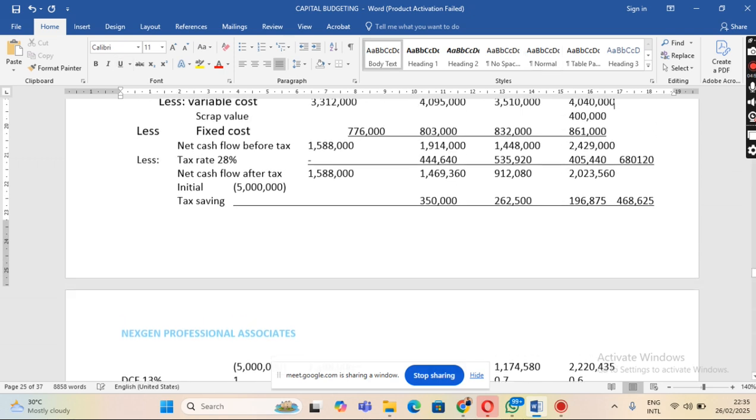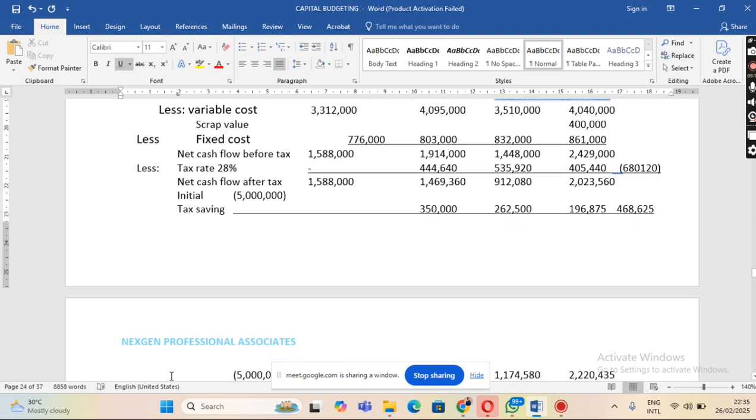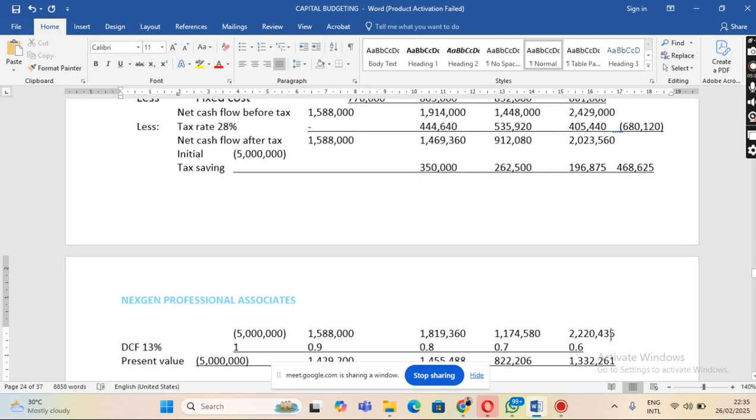So don't forget that your tax is in brackets. You can put it in; because I'm using Word, I don't want to be putting brackets, so that it will not waste much of our time, right? So this is minus, right? This is tax savings, right? Yes. So you minus it. What do you have here, class? 201,495.